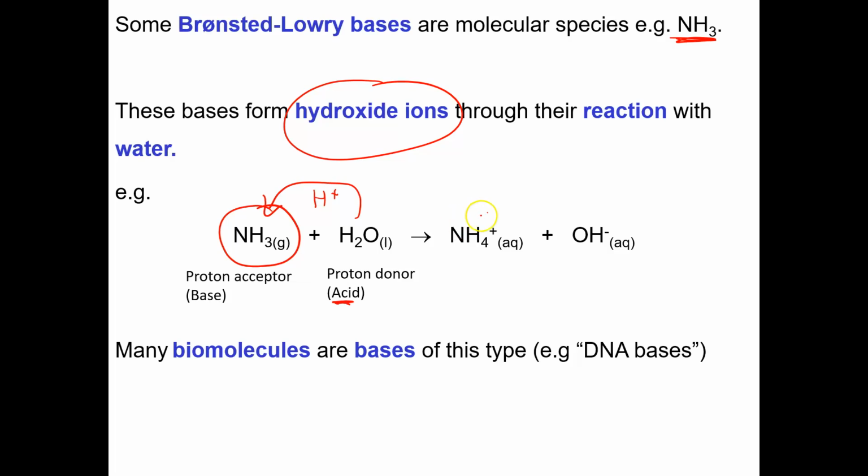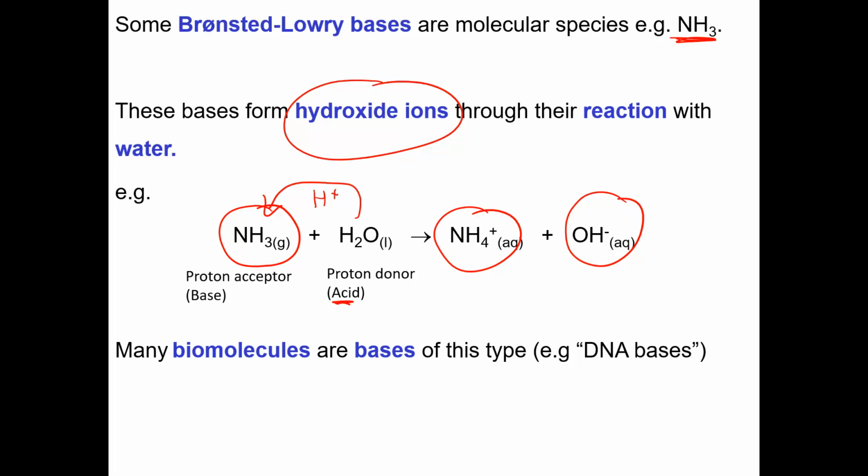This will generate a cation, and the water gets converted into the hydroxide anion. So you can see it really is a substance that when dissolved in water produces the hydroxide ion, so it's definitely a base, right? A lot of biomolecules are molecular species of this type.